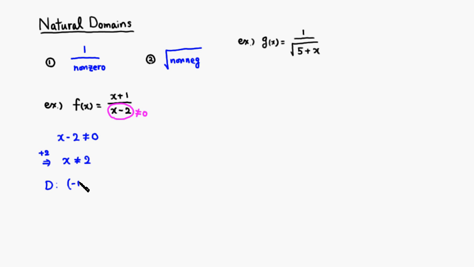So you have negative infinity all the way to 2, then skip 2, then go all the way to positive infinity. So this is interval notation for the same thing. So this is the answer.